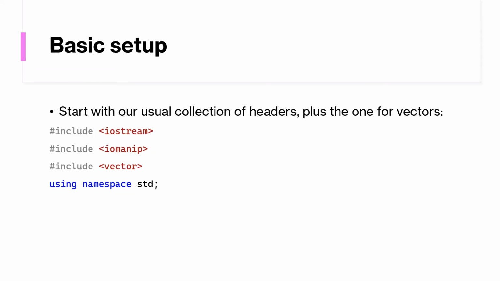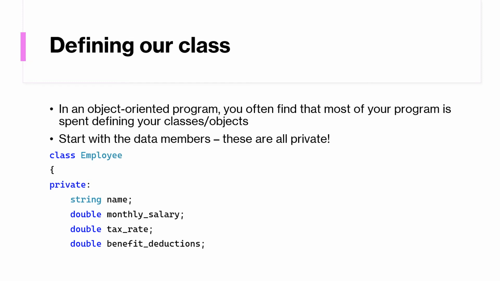Okay, so as usual, as we set up our program, we're going to #include iostream and iomanip and then vector, because we're going to be making a vector of employees. Now, in an object-oriented program, you're often going to find that most of your programming is spent defining your classes and objects, and that the actual program at the end is very, very short. So you're going to see that here.